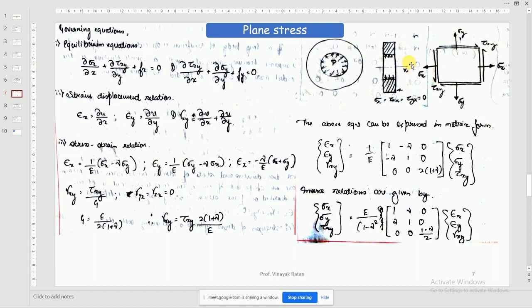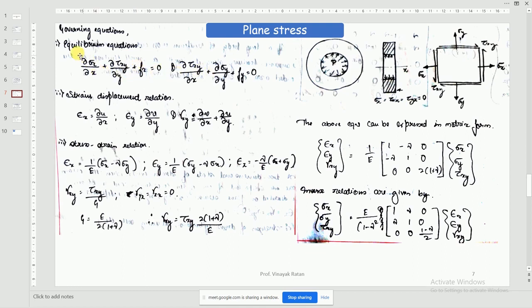There you can apply plane stress. You can draw this figure and you have to write all the governing equations: equilibrium equations, strain displacement relations, and stress strain relations. So sigma z is 0, tau xz is 0, tau yz is also 0.